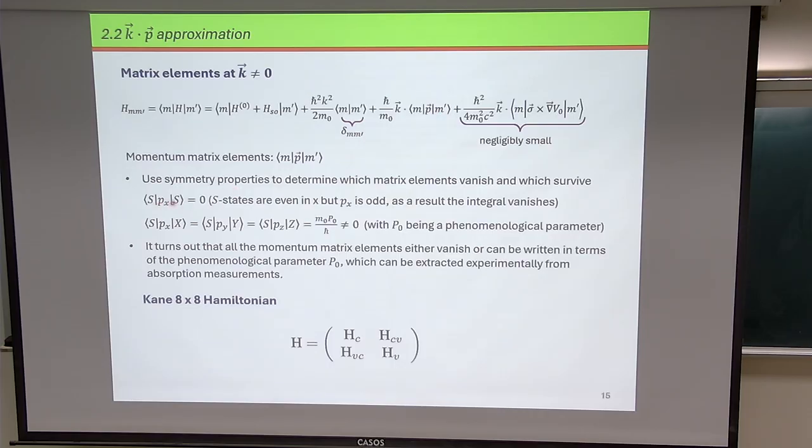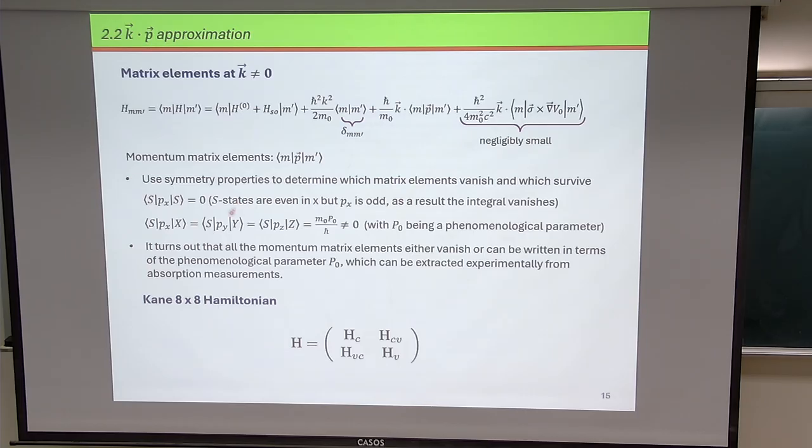But this is enough, actually, for getting things. So, for example, if you look at this matrix element of S, Px, and S, you can see that this is going to be 0 because the S states are even in X, but Px is odd. So the element inside the integral, S, P, and S, will give you a function that is odd in X. When you integrate from minus infinity to infinity, you just get 0 because the function is odd.